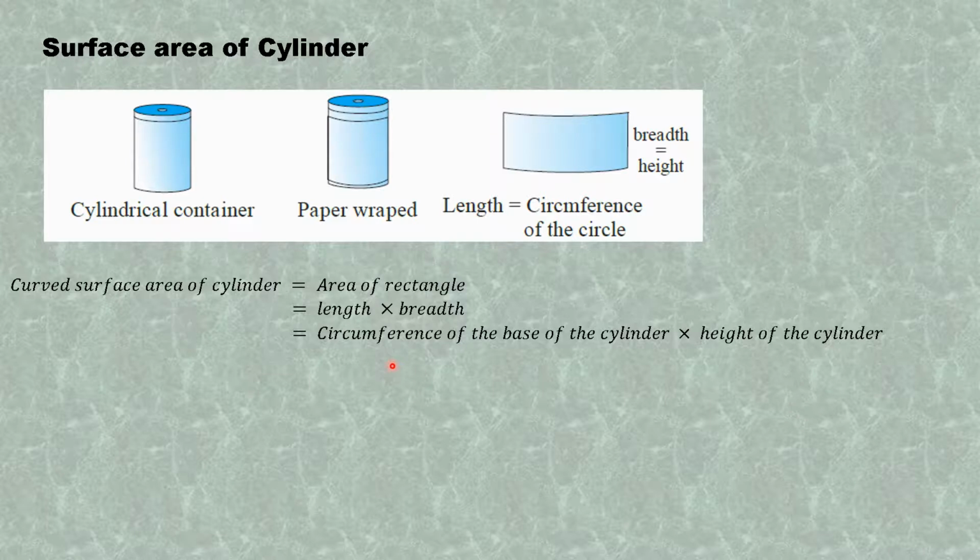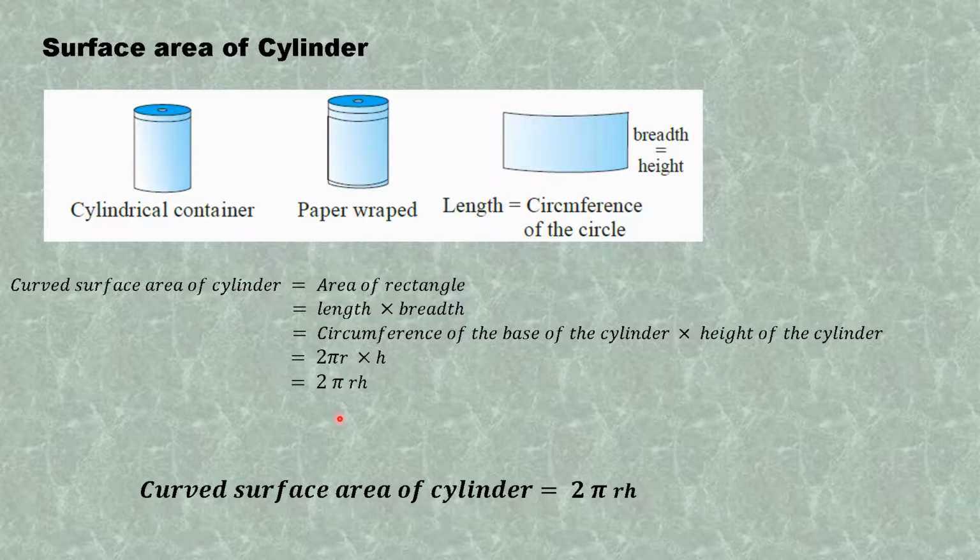Now we'll use the formula of circumference. We know circumference of the base is 2 pi r, and height of the cylinder we denote with h. So 2 pi r h is the formula that will give you the curved surface area of a cylinder.